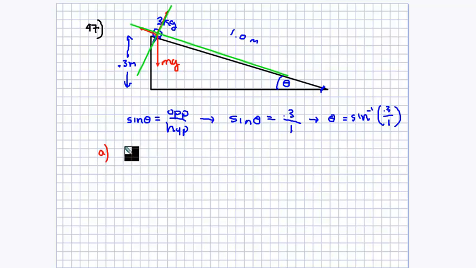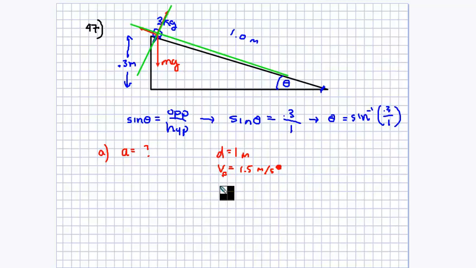Part A asks us to figure out the acceleration. That can be figured out with our old equations of motion, because we know a distance traveled, d equals 1 meter. We know a final velocity of 1.5 meters per second.